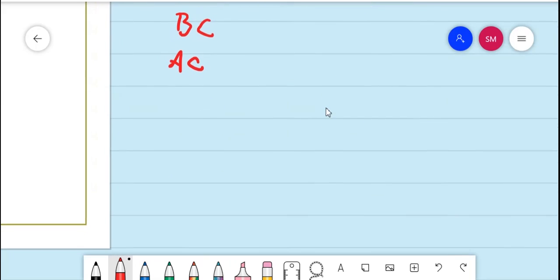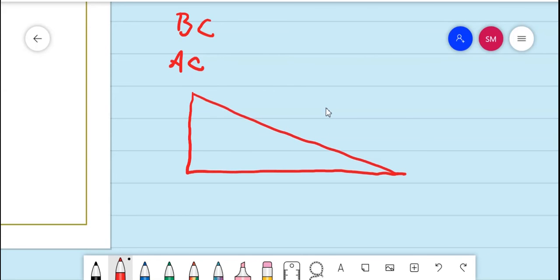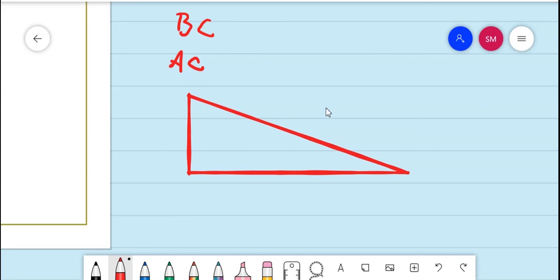My correct diagram will be this form. You can see now it is working correctly.